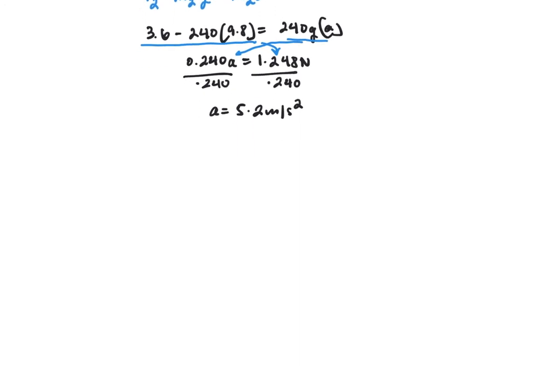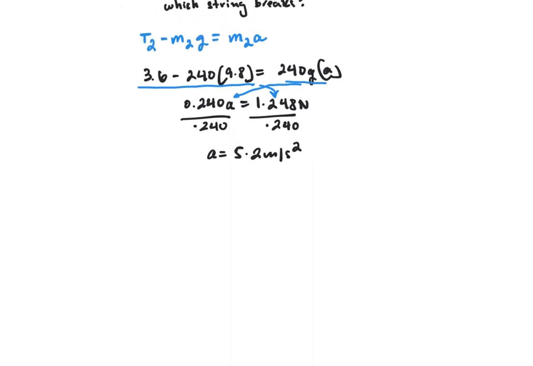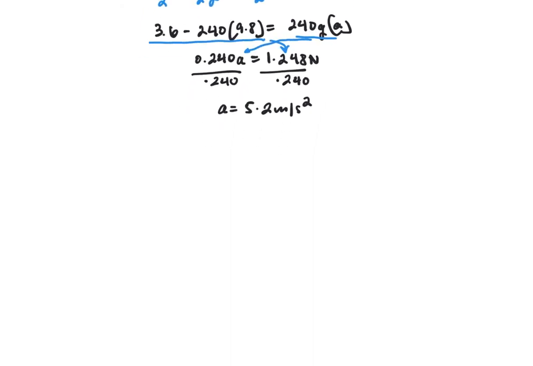So let's find out now also for tension 1. For that, tension 1 minus (mass 1 plus mass 2) times gravity equals (mass 1 plus mass 2) times acceleration.